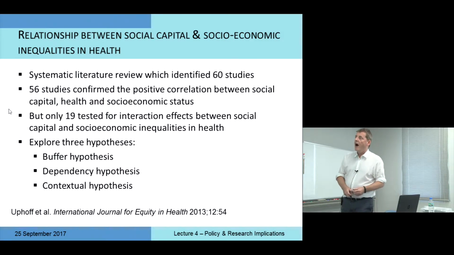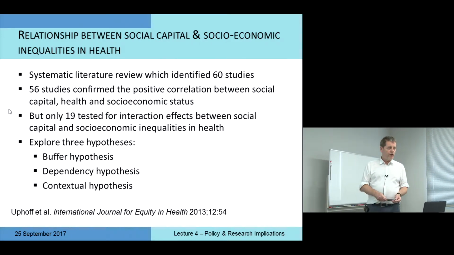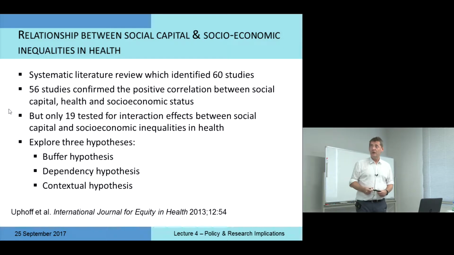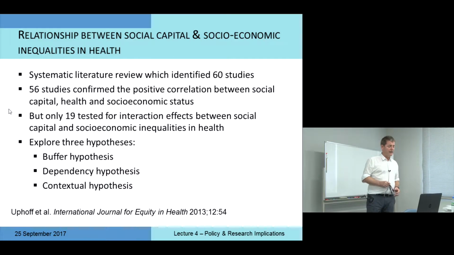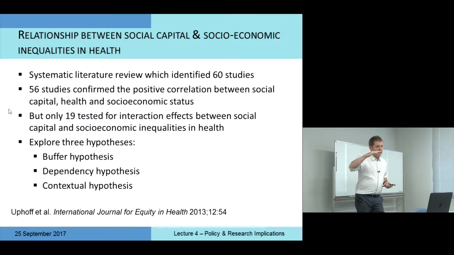That's interesting. However, only 19 of these studies formally tested for interaction effects between social capital and social inequalities in health. In other words, to what extent is the relationship between social capital and health influenced by socio-economic inequality?